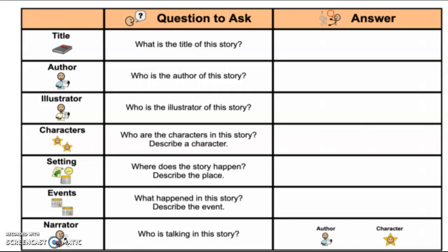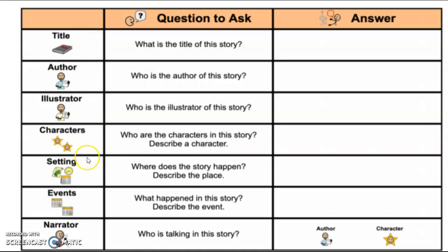This activity goes along with lesson 3 story, and we're just going to answer some questions about the story together. So the first question is, what is the title of this story?